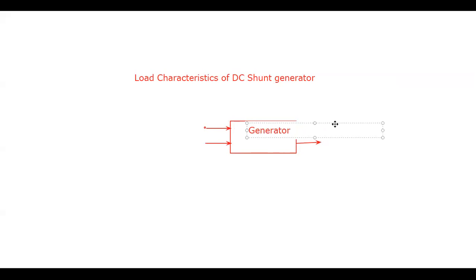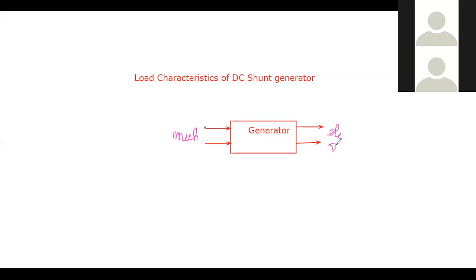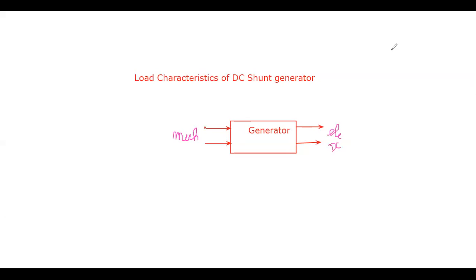The input for the generator will be mechanical input, and the output will be electrical, in the form of DC.